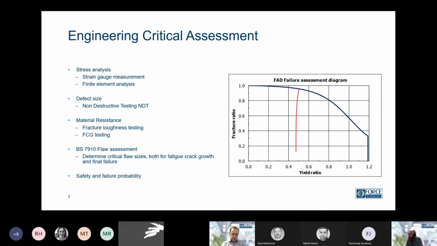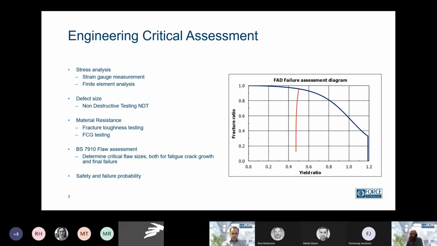The area inside the blue curve is safe, and outside we have a risk of fracture in the flaw size. The red line is an estimation of a beginning fatigue crack growth. So we start at the bottom and then the crack grows until it reaches the failure assessment diagram.